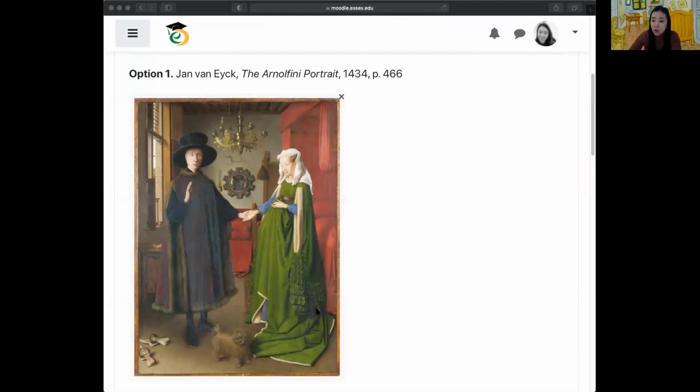Maybe you can mention unity and variety. Maybe he's using a very neat technique to make unity, but the artist used different colors to show the variety in this work of art.